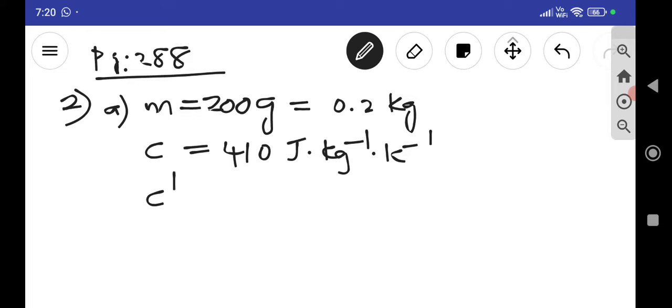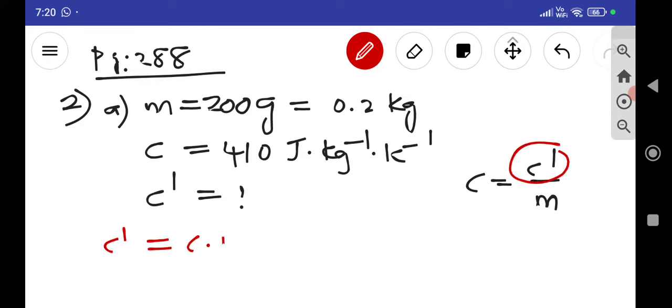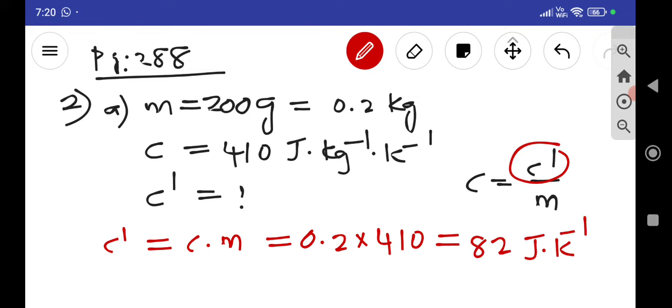They are asking what is heat capacity, so we need to calculate this. So we know the formula, that is C is equal to C dash by M. So therefore to find the C dash, cross multiply, so C dash is equal to C into M, which is equal to 0.2 into 410, so we get 82 joule per Kelvin.